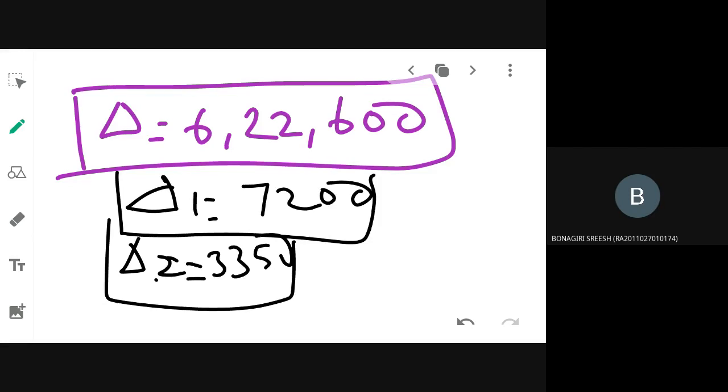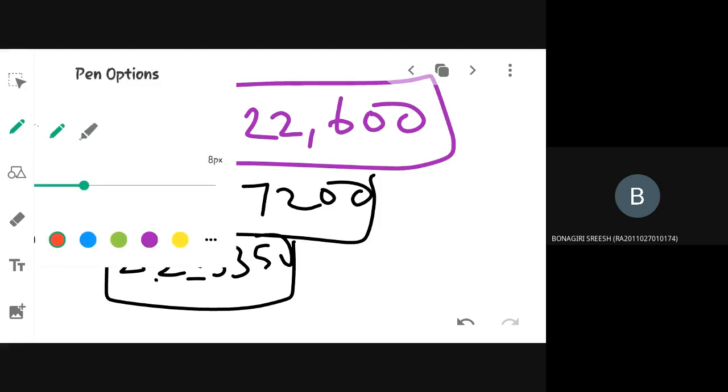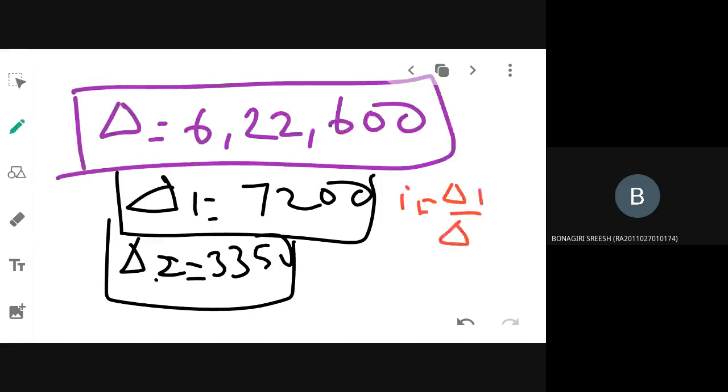Okay, I have got del, del 1 and del 2. Now I want to find I1 and I2. I will tell you the formula. I1 is equal to del 1 by del. I2 is equal to del 2 by del. Tell me the answer.